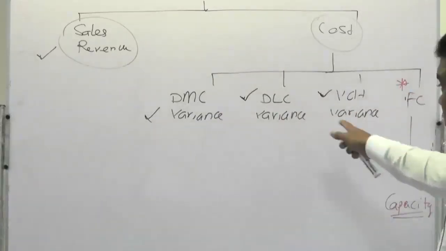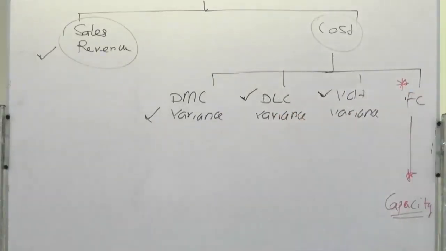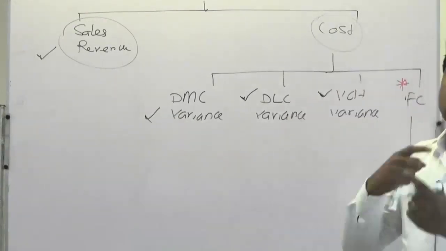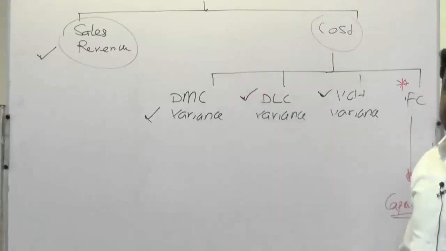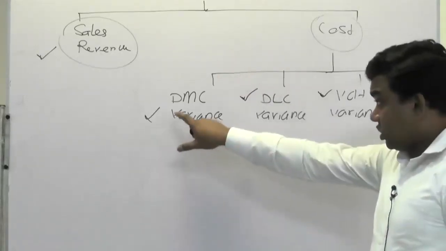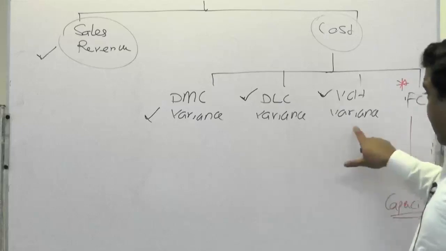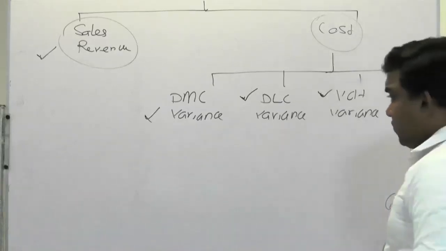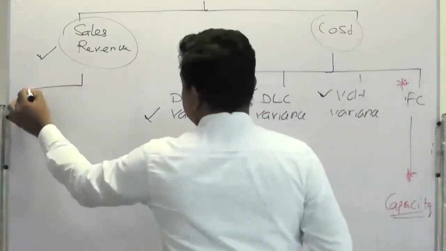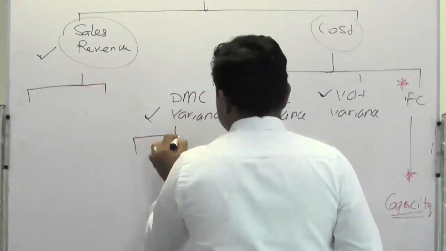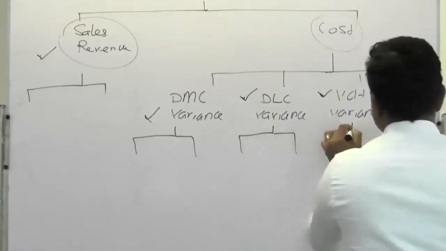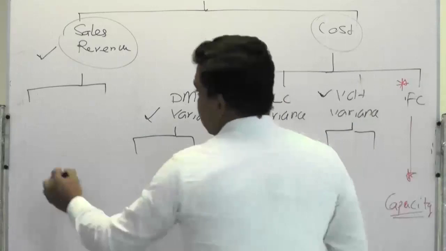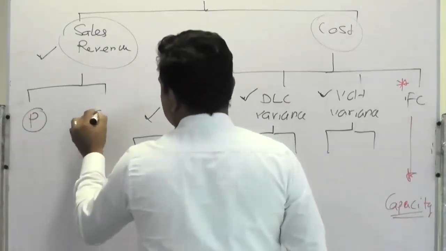What is it? All these four, other than fixed cost, will change according to the quantity. Sales will change according to the actual quantity. Material, labor and overhead, direct expenses will change according to the quantity. Therefore, all these variances, basically basic variances, can be calculated using their price and quantity.